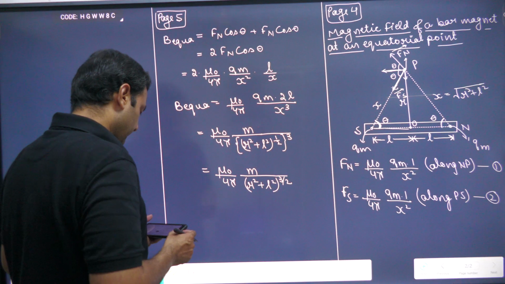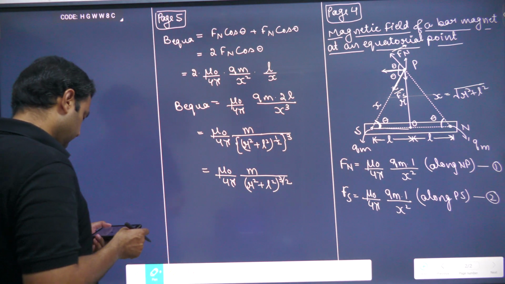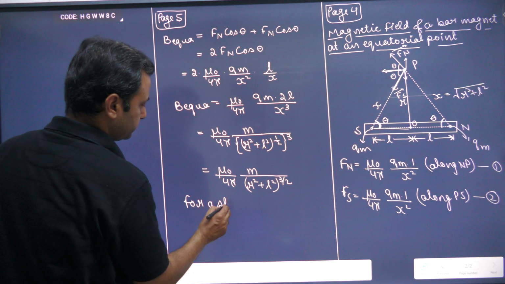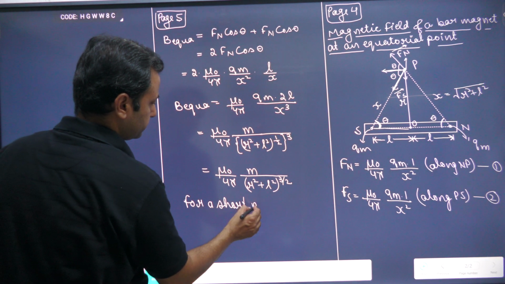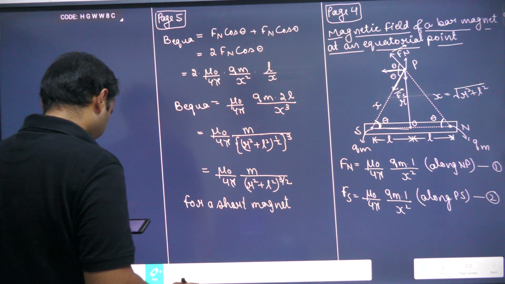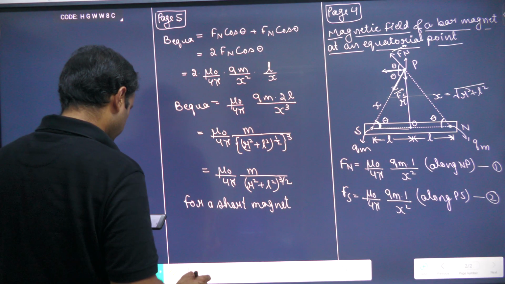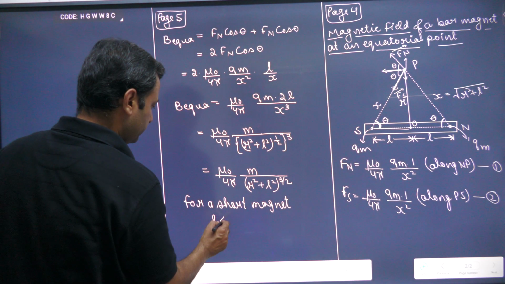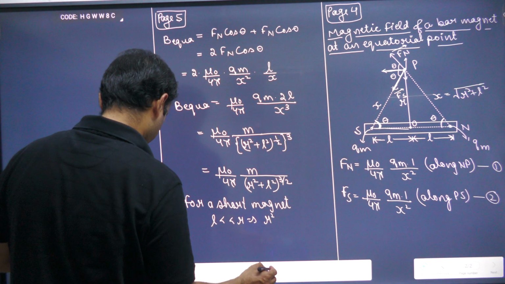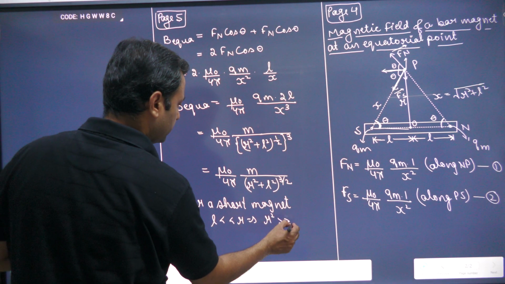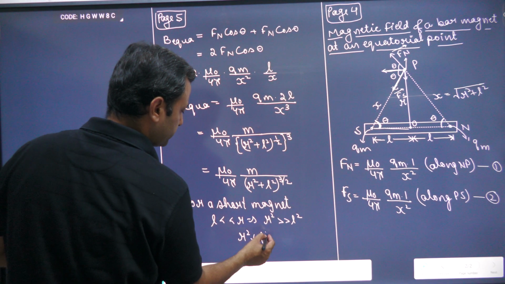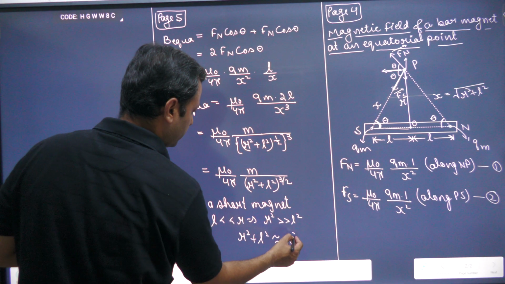For a short dipole, L is very much less than r, so L square can be neglected. Means r square plus L square is approximately equal to r square.